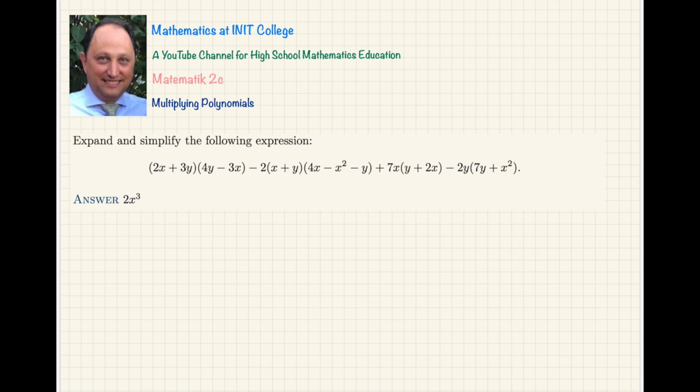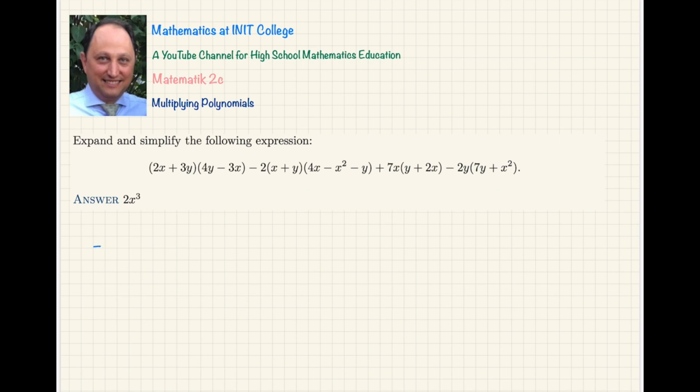Okay, now let me solve the problem here. So here we have this expression minus this expression plus this expression minus this expression. And each one of these expressions is written as a product. And we know that product has priority over addition and subtraction. So this means that I need to do each one of these products first, and at the end add them or subtract them correspondingly.